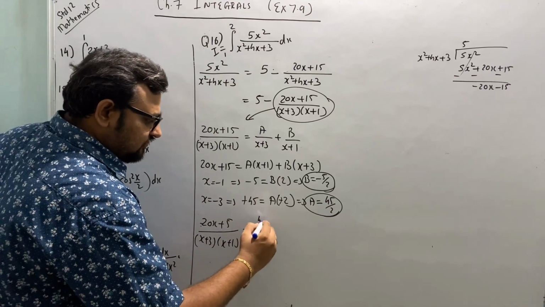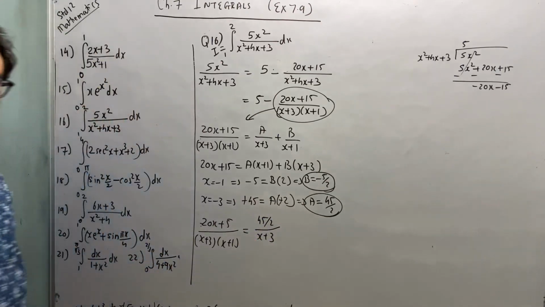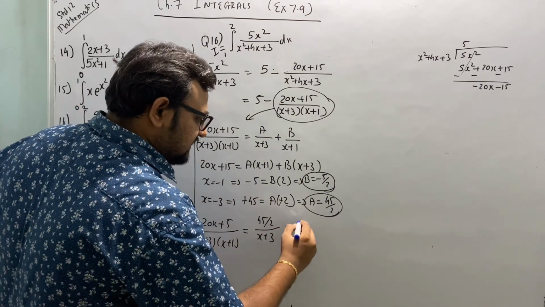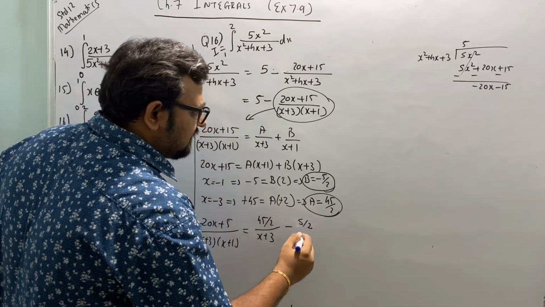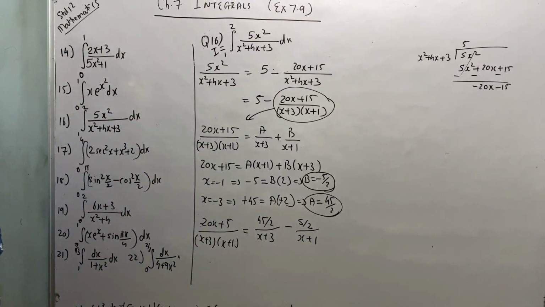So this I can write it down. A means 45 by 2 upon x plus 3, minus 5 by 2 upon x plus 1.